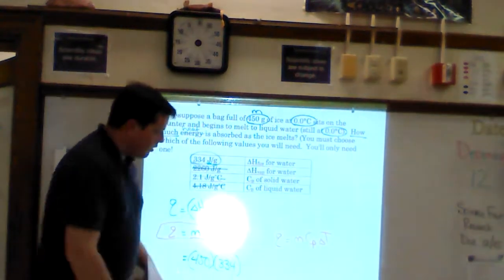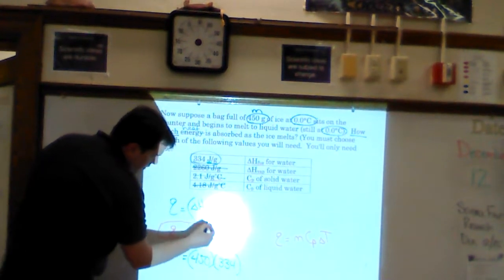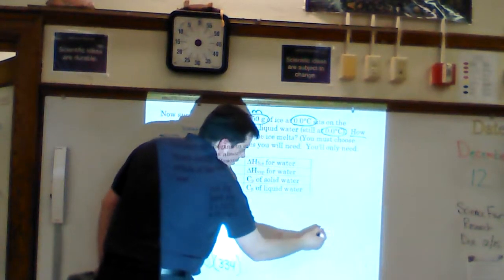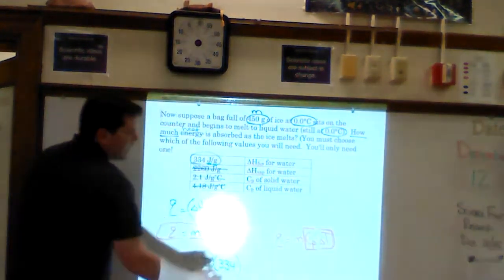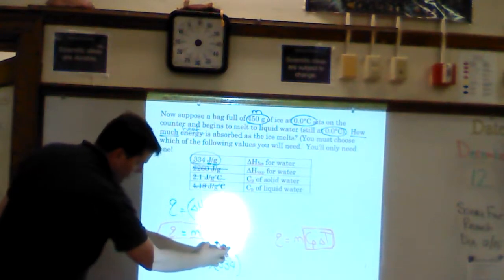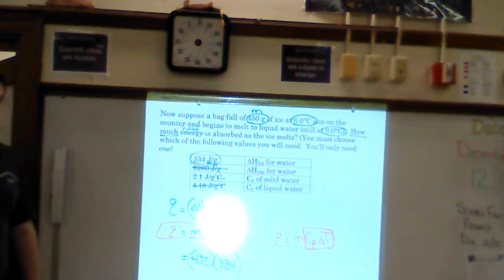But if you look at this delta H fusion part right here, and you look at this part right here, those two equations are basically the same, aren't they? Q is equal to the mass times these other things.